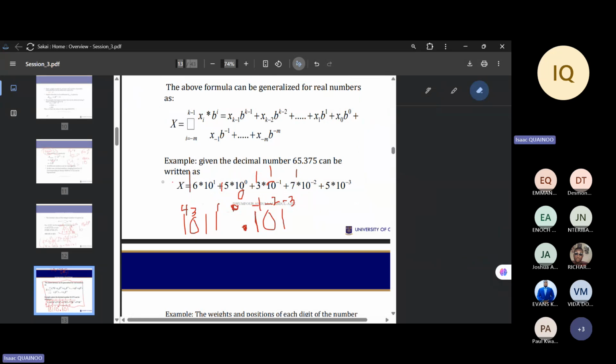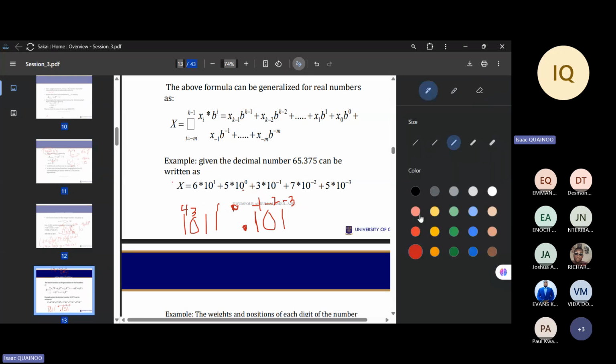So if we are representing this particular number with regards to its weights, this will look something like this.